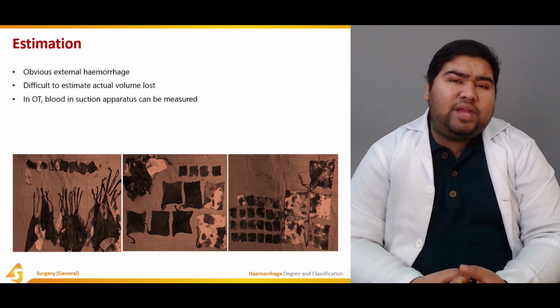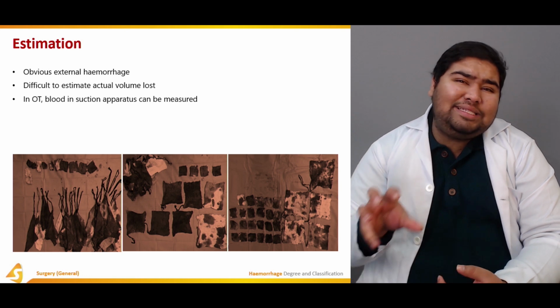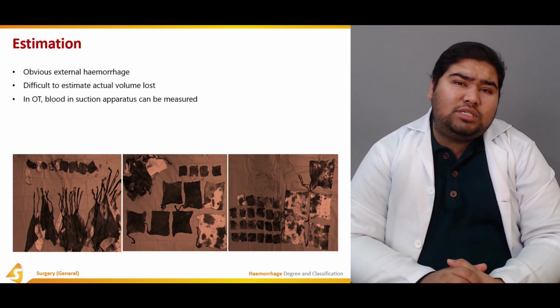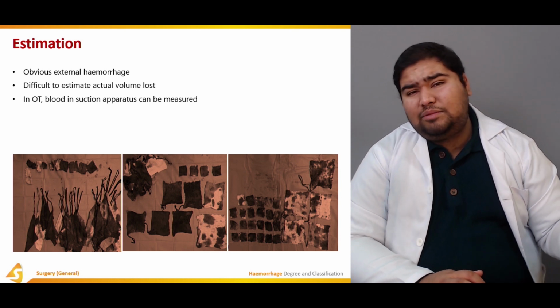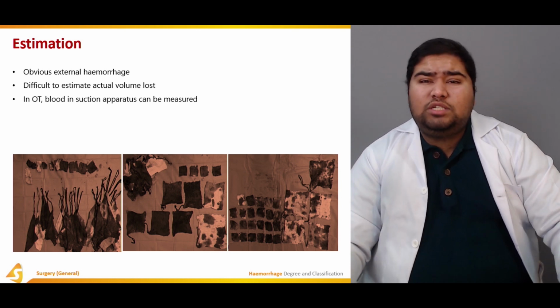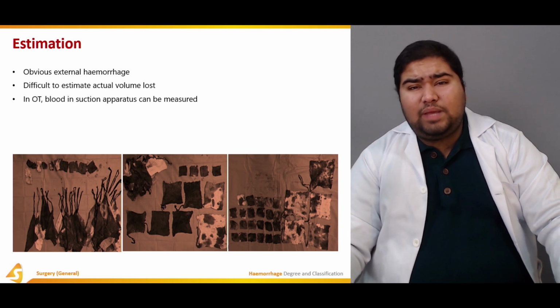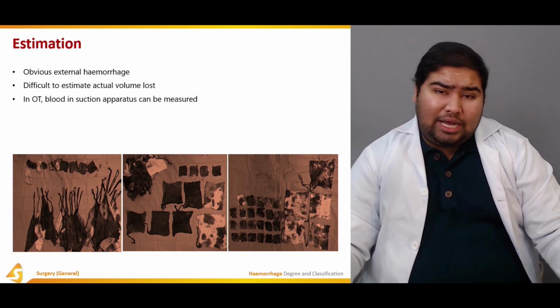However, in operation theaters, the blood suction apparatus can be used to measure the bleeding. The suction apparatus can also quantify the amount of blood that is being sucked out.